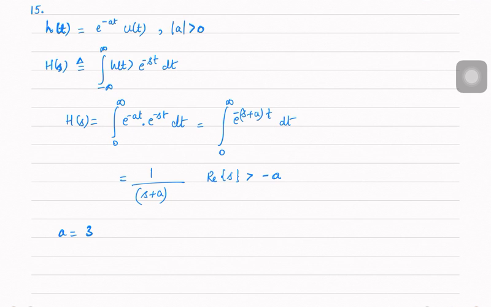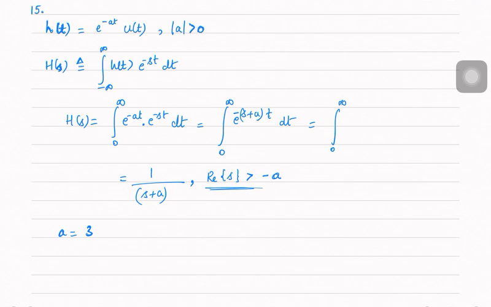So s has to be greater than minus a. That is one way of calculating it. If you want the exact relation, you substitute in that convergence condition and you will get this. This is the condition that you get.